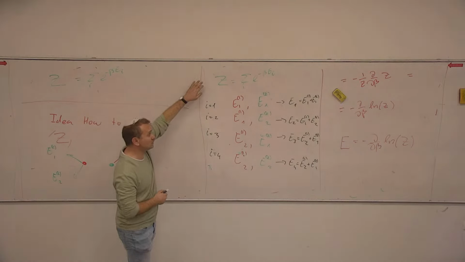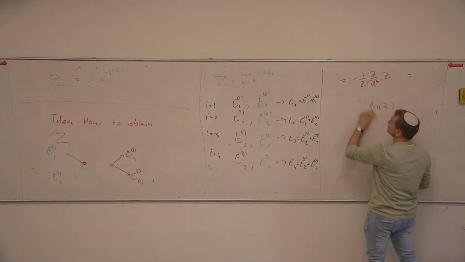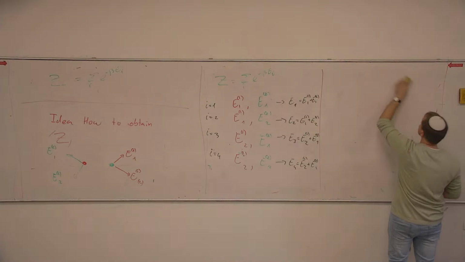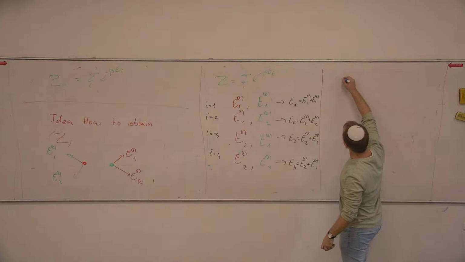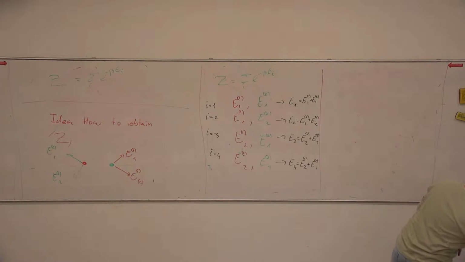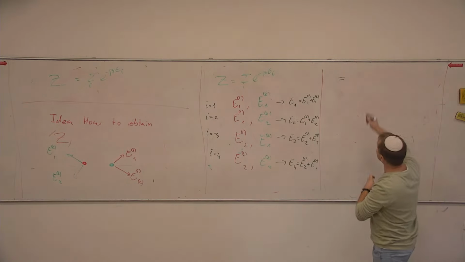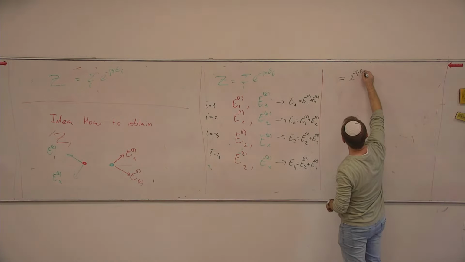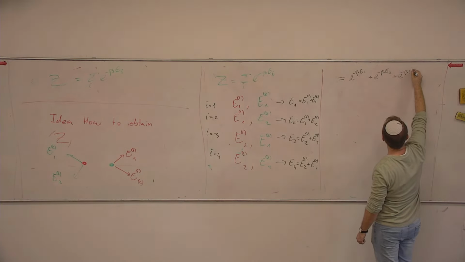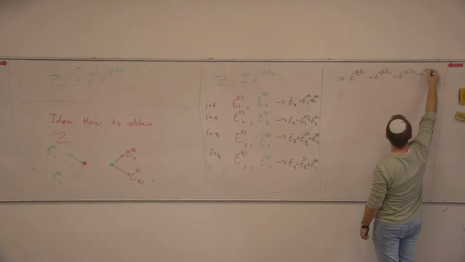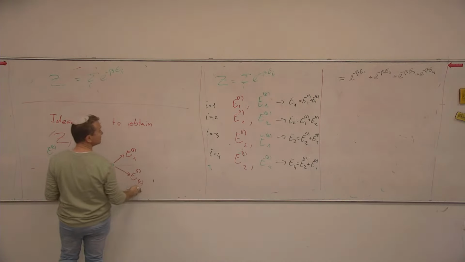Now, according to this prescription, we have to sum. So what we have: e to the power minus beta E1 plus e to the power minus beta E2 plus e to the power minus beta E3 plus e to the power minus beta E4. Very nice, very simple for this simple system.